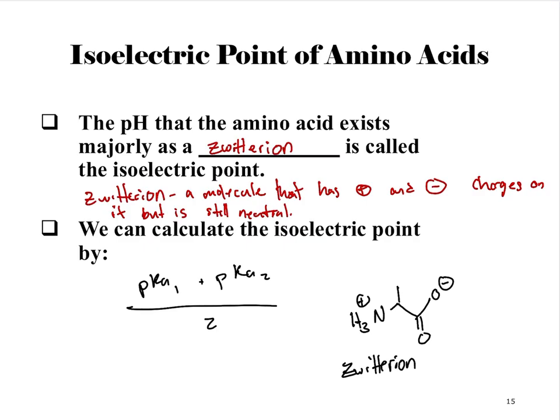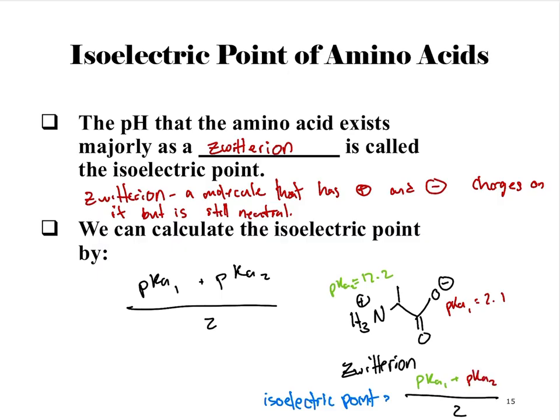And if this was a pKa of, let's say, 2.1, and this one was a pKa of 12.2, then the isoelectric point is just equal to pKa 1 plus pKa 2, divided by 2.